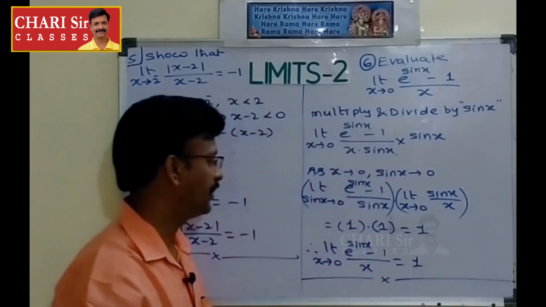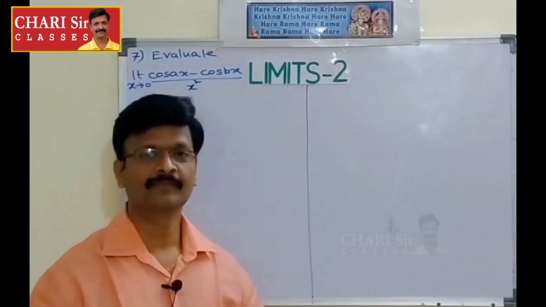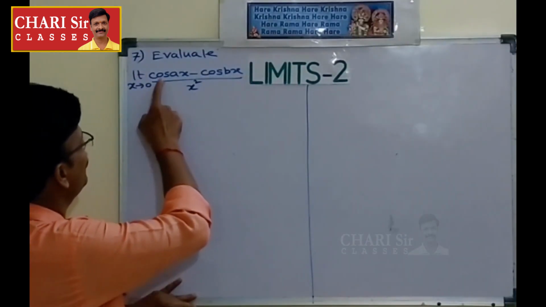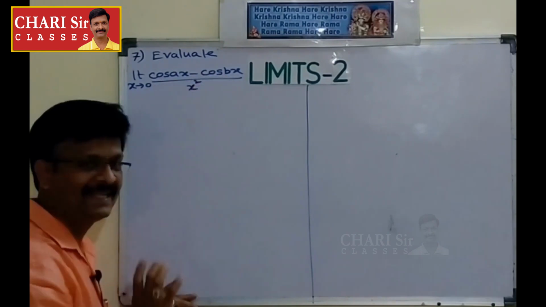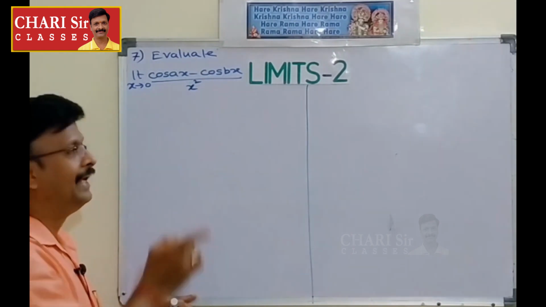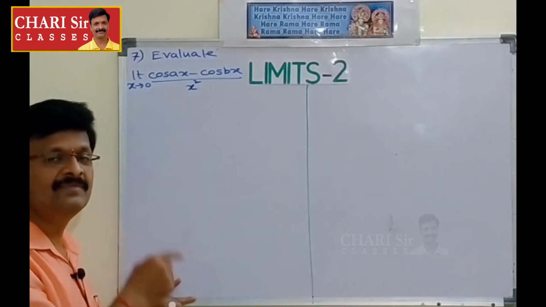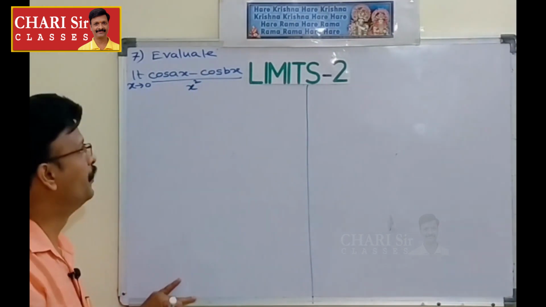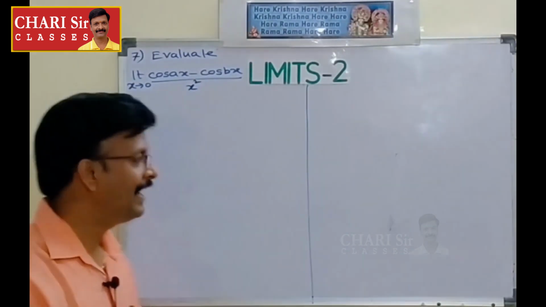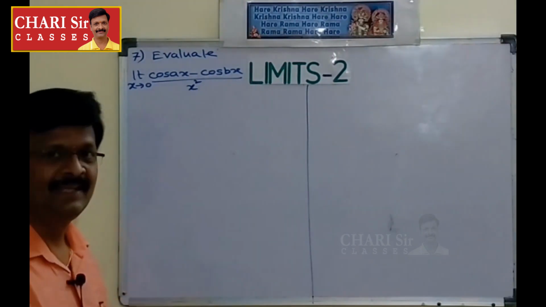It is also a very important question, many times asked. Question number 7: limit x tends to 0 of cos ax minus cos bx by x square. Can we apply the limit directly? No. When you apply the limit directly, it becomes an indeterminate form. So what to do? Here you can recall one trigonometric transformation formula, cos c minus cos d.